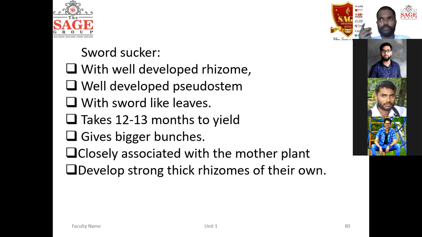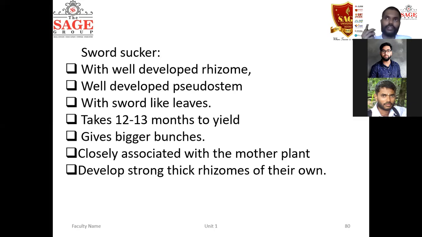Whatever suckers are produced from this mother plant, and also from this short sucker, will also have a very strong base. When we plant a short sucker, it develops a very good, healthy banana clump or mat inside the soil, underground. So corm or clump development is better when planting with short suckers.